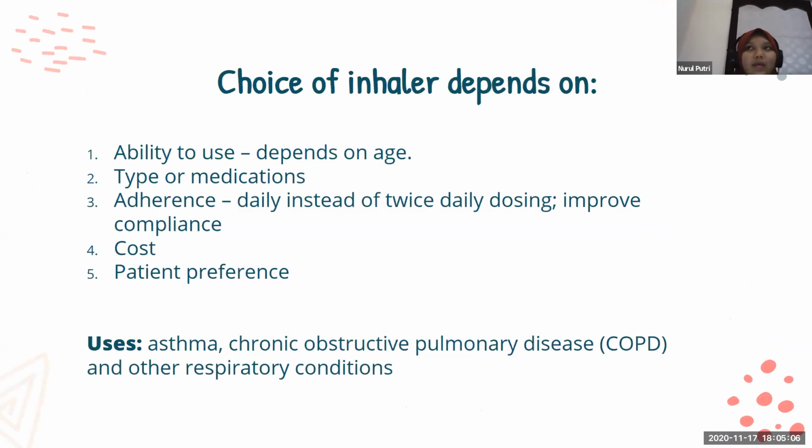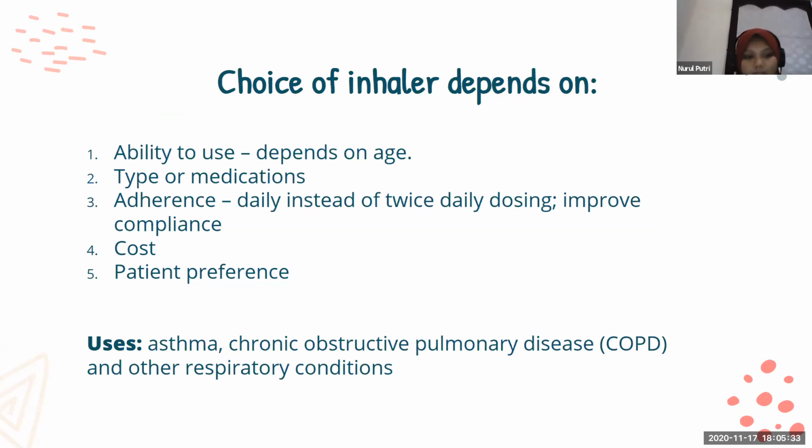So we have to take note of the patient's age, the type of medications used, because different types of inhaler have different colors. Adherence, that means we could prescribe them daily instead of twice daily dosing to improve compliance of the patient. Of course, the cost of the inhaler itself and the patient's preferences in using the inhaler.